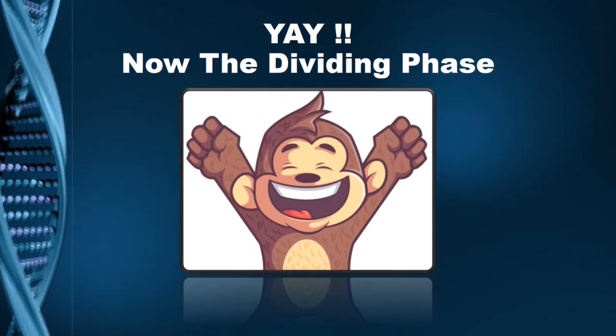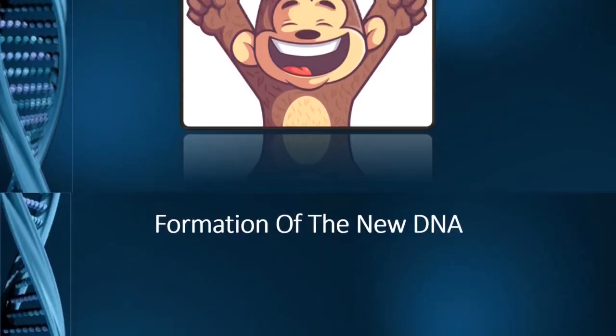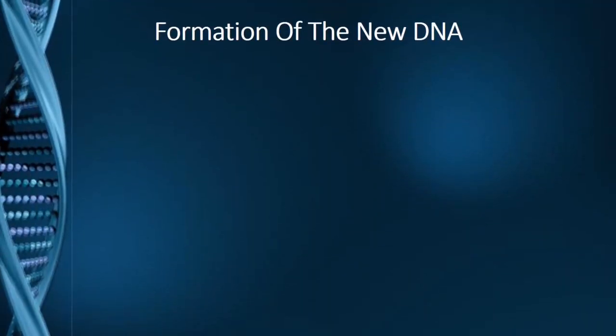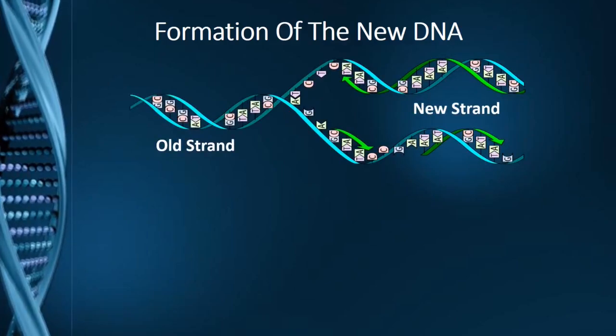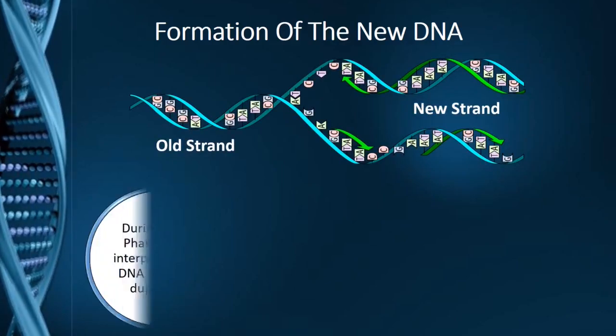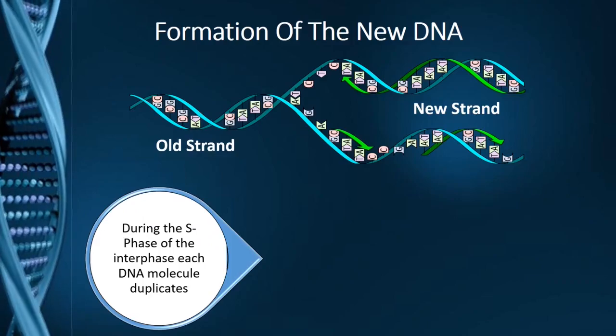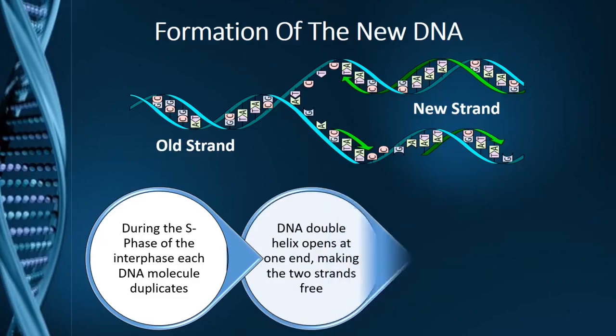For now, let's learn about DNA replication. We now know that DNA makes a copy of itself in the synthesis phase. But how? During the synthesis phase of the interphase, each DNA molecule duplicates. The DNA double helix opens at one end, making the two strands free.